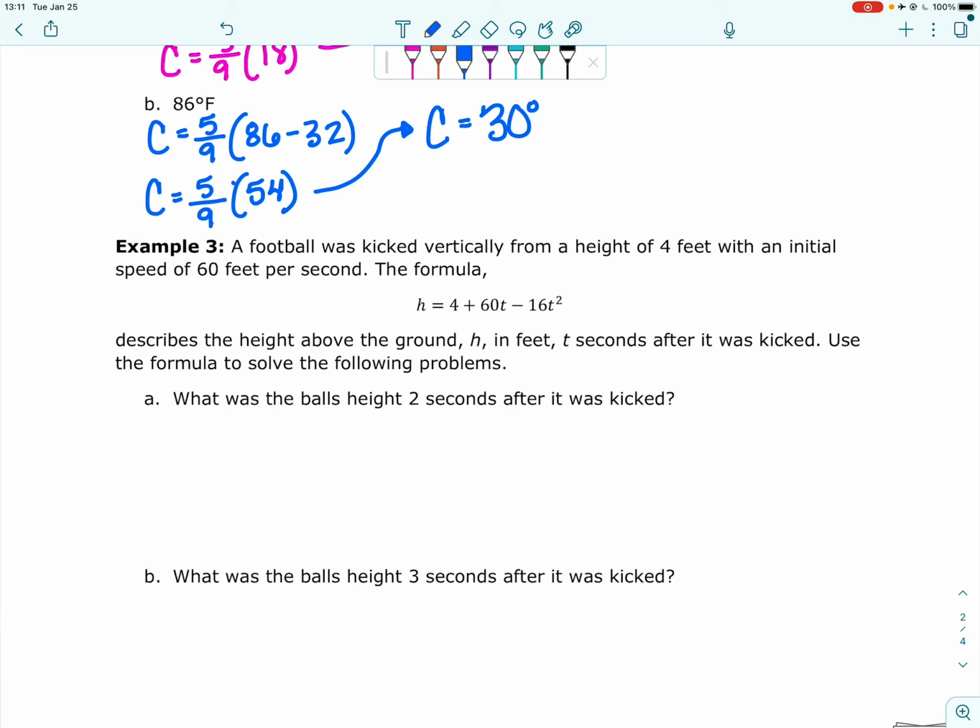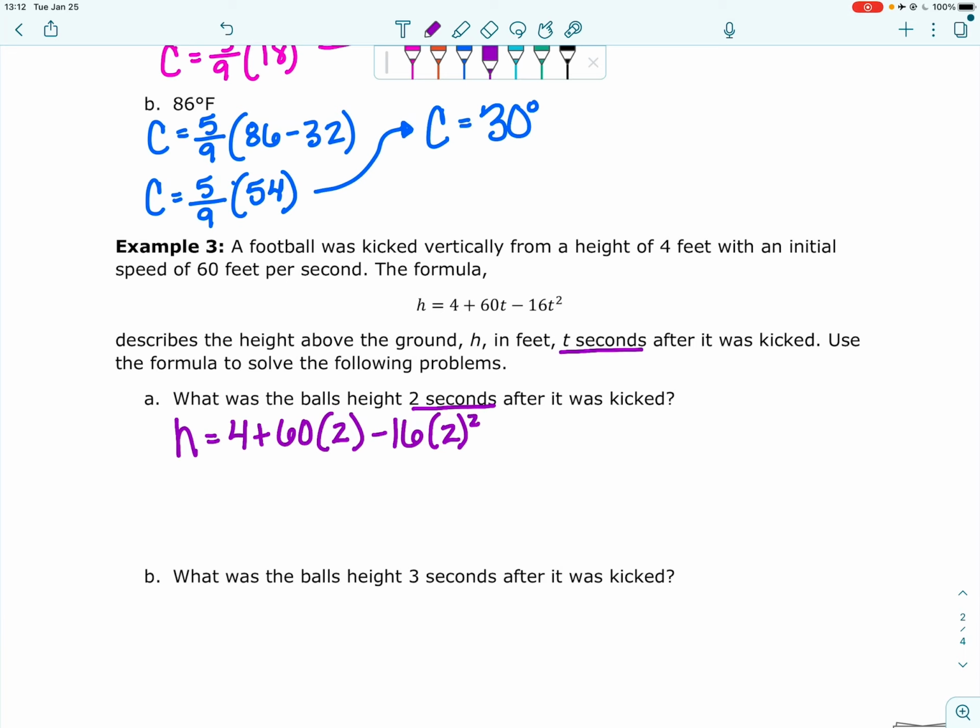So 2 seconds after you kick it, how high up in the air is the ball going to be? Well, that's the first question we're going to answer. What was the ball's height 2 seconds after it was kicked? This formula is going to tell us. So H equals, we're looking at 2 seconds, and t stands for the number of seconds after it was kicked. t stands for time. So 4 plus 60 times 2, because that's the number of seconds later, minus 16 times 2 squared.